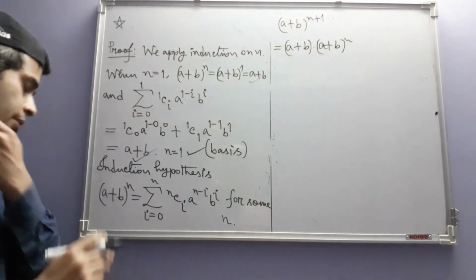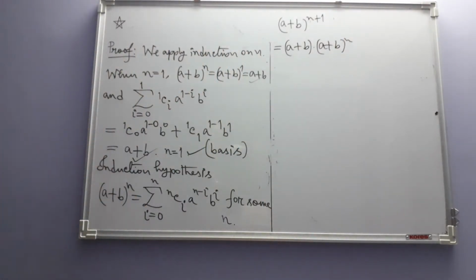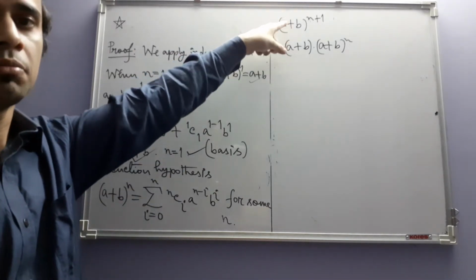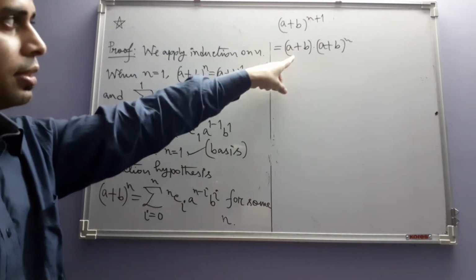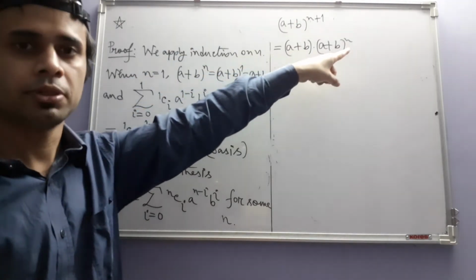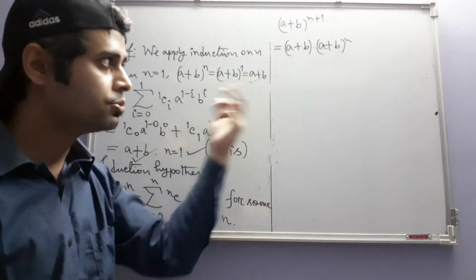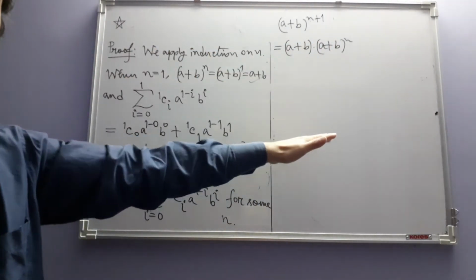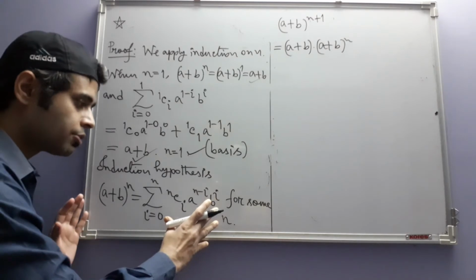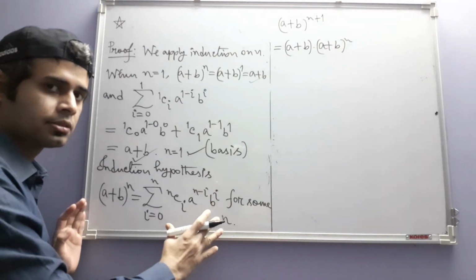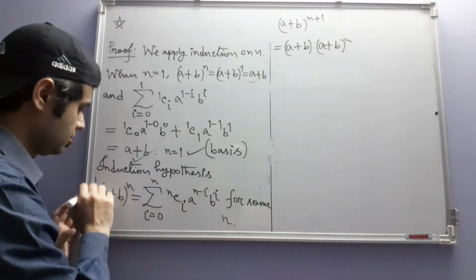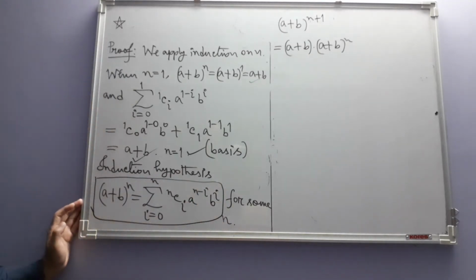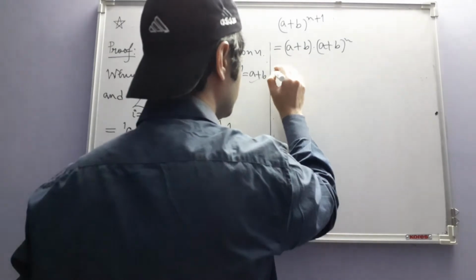This calculation is exactly what we did in the case where we found (a plus b) to the power 5. There we wrote (a plus b) times (a plus b) to the power 4, and then we used the expansion for the 4th power to find the expansion for the 5th power. In this case, the expansion for the nth power is given to us. That is the induction hypothesis. So we are going to make use of this.